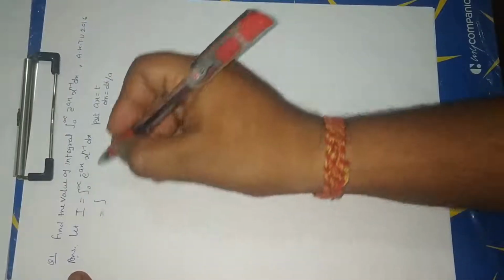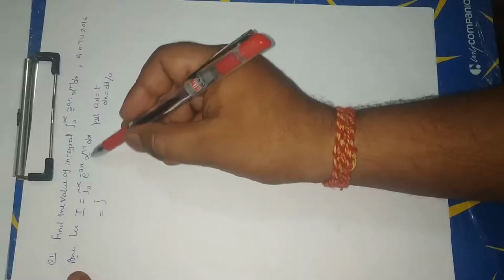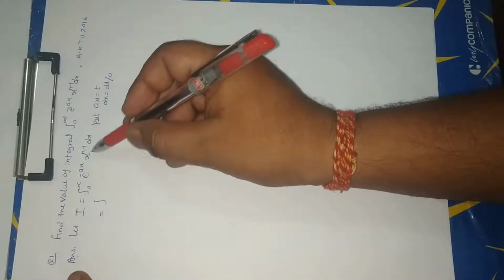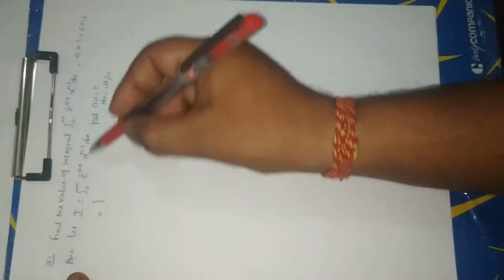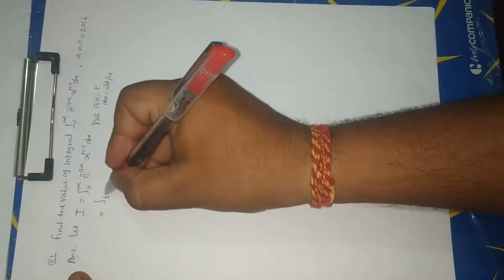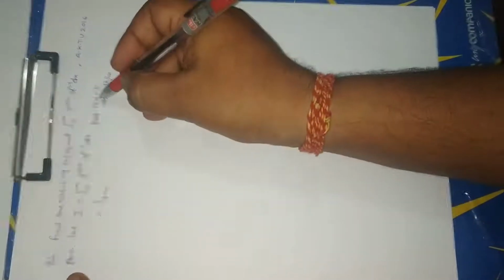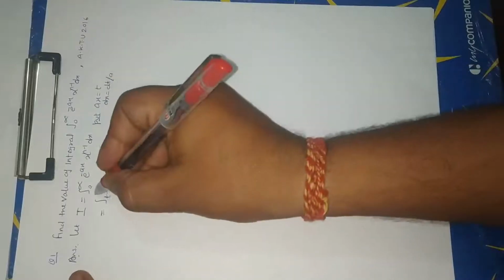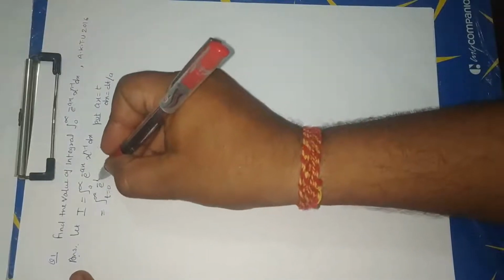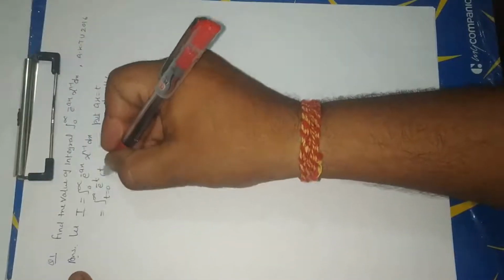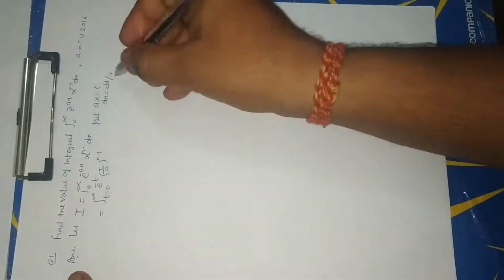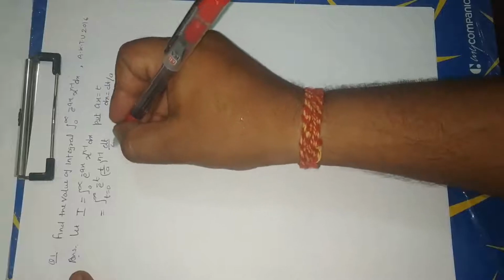The limit of x changes into the limit of t. Now x equal to 0, then t equal to 0. Now x equal to infinity, then t equal to infinity. e to the power minus t, now the value of x is t upon a, whole power n minus 1, dx is dt upon a.